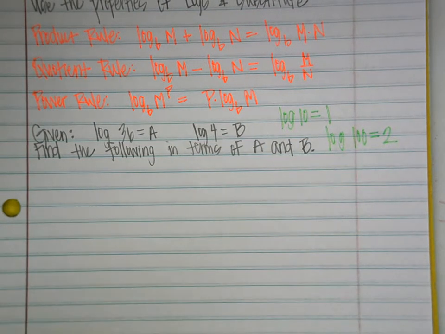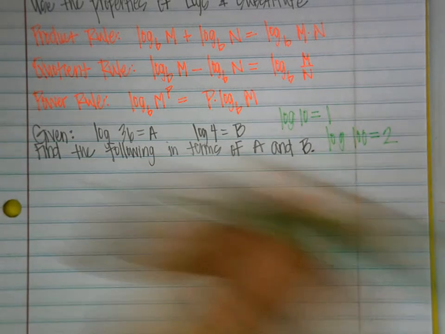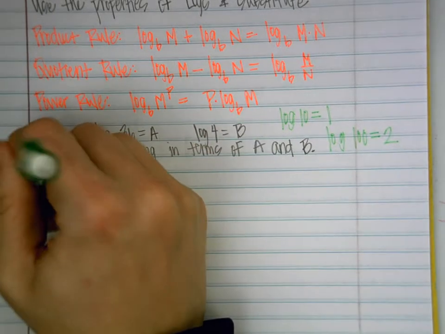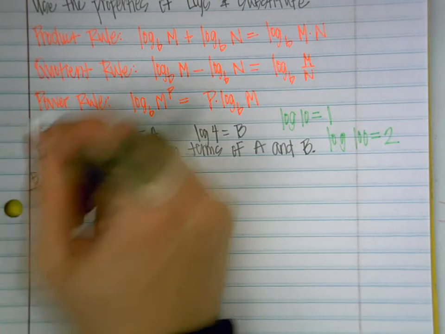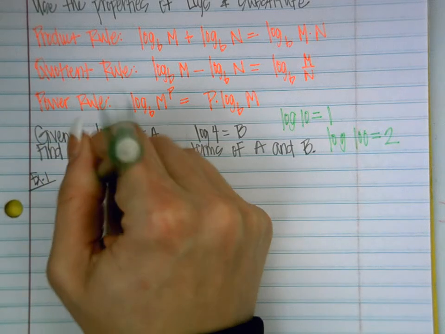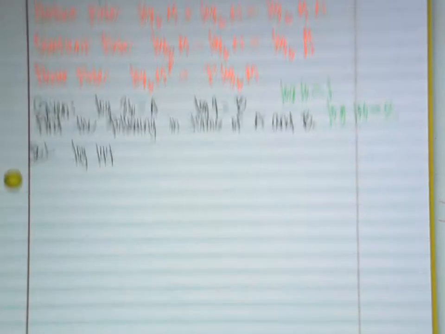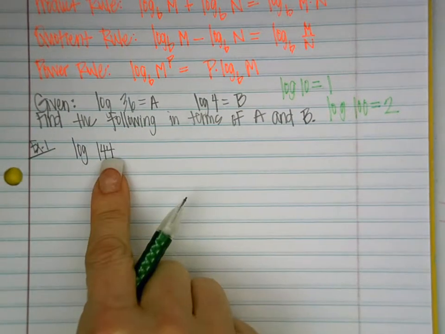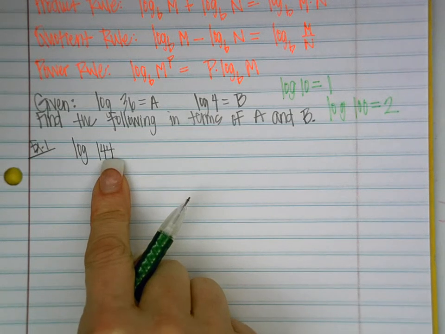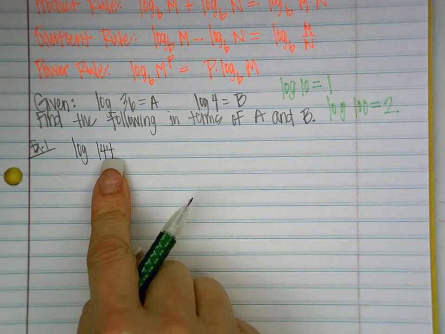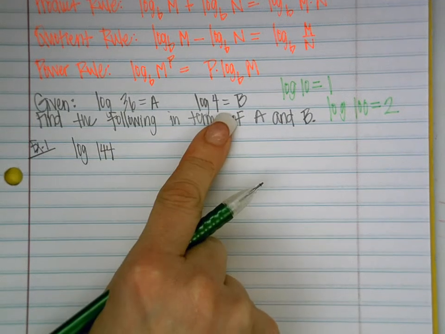So you want to write down any other supplementary ones that might be able to help you. It's a little unclear as to why right now. But for example number 1, I would like you to find log of 144. Essentially what you're doing today is we're going to give you a target number, and you need to figure out how can I make 144 if all I'm given is 36 and 4.